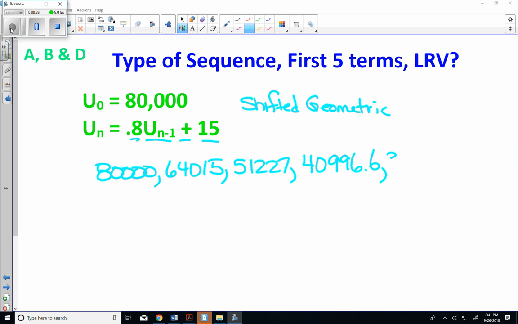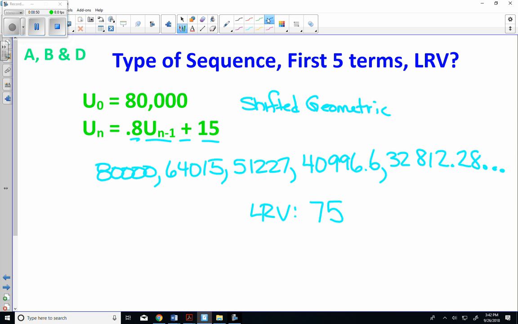The next number after that is 32,812.28. And it continues on forever and ever. If you keep pushing the equal sign, you will eventually get to a value of 75. So that would be the long run value.